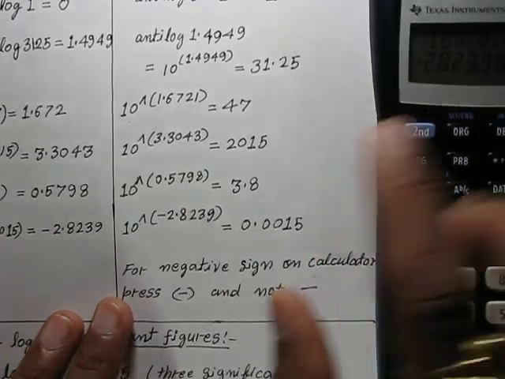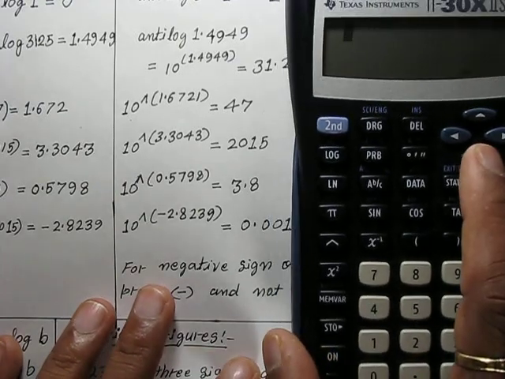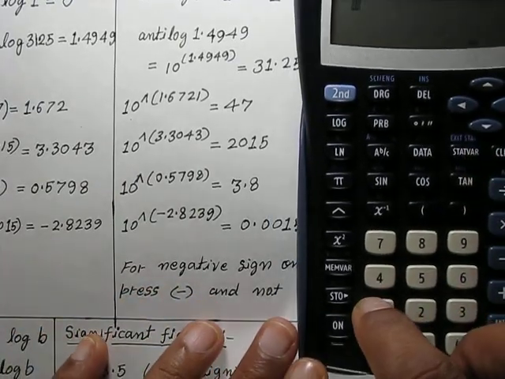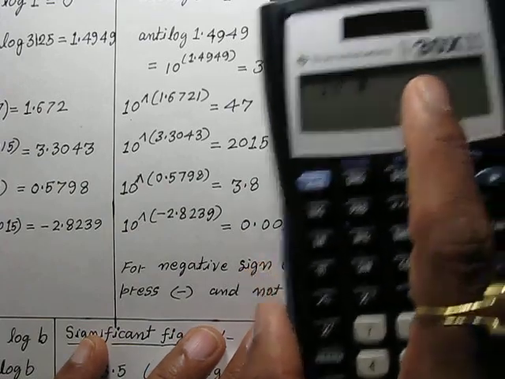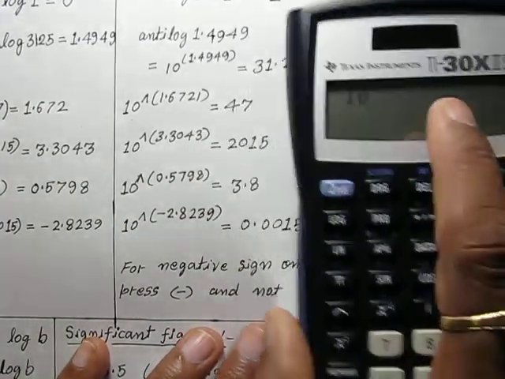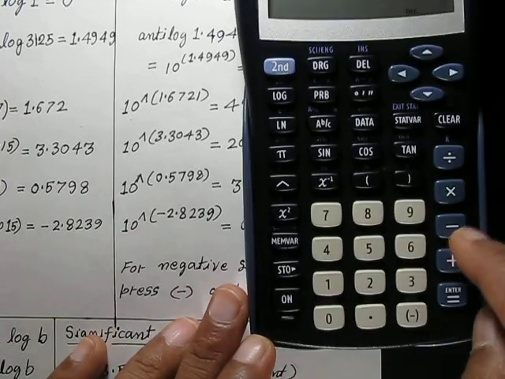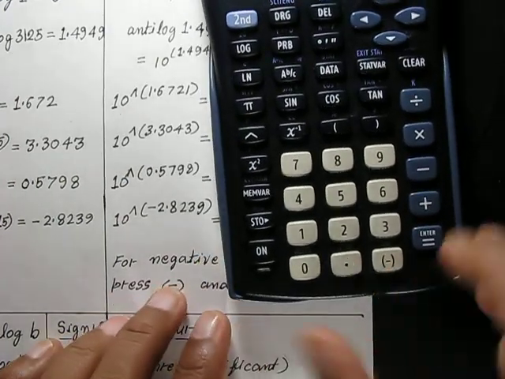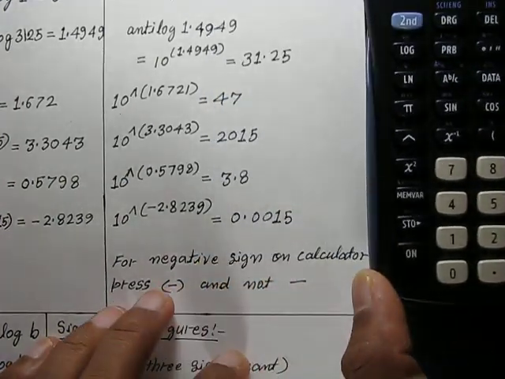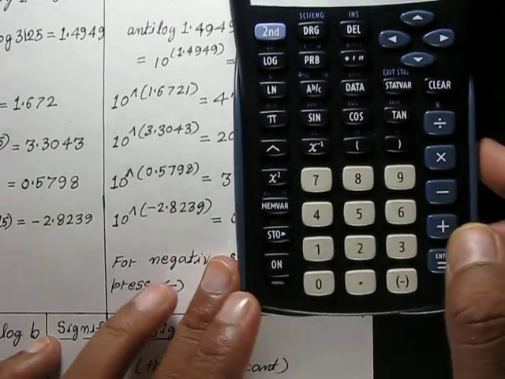Now if we have to take the anti-log of this number, how can we type it in the calculator? So 10 cap, you can see it in the calculator, parenthesis, and for negative do not use the minus sign, you have to use this one. That is why I write here for negative sign on the calculator, use this negative. So use this negative.